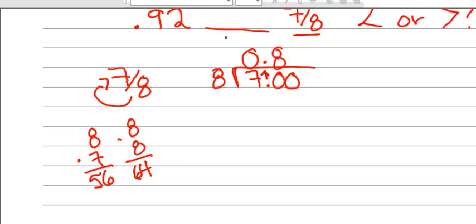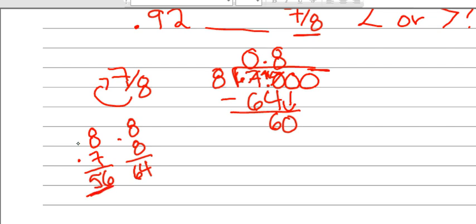I think that's as close as I can get. I'm going to subtract down and make that a 10. So 70 minus 64 is 6. I think I'm going to need to add another 0. Bring down that next 0 and I've got 60.